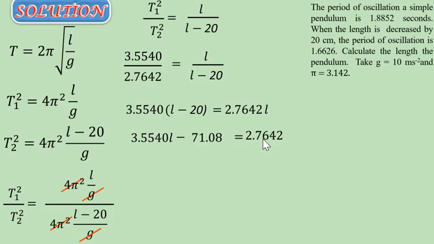So what should we do next? We collect like terms. Collecting the terms in L together, this crossing the other side becomes minus 2.7642 L. Then this minus going to the right-hand side becomes plus. Then you subtract this.